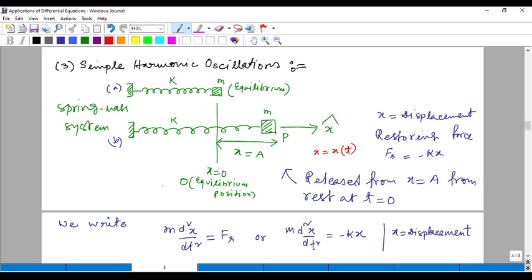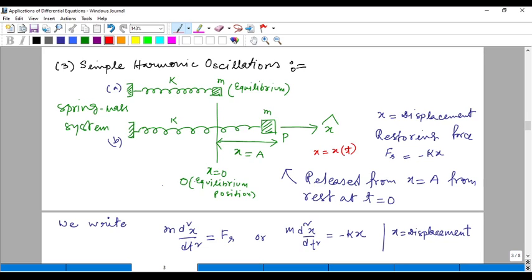Initially we consider that this mass is oscillating with respect to some fixed position, and that fixed position is the equilibrium position. So we say that initially this mass is at the equilibrium position. In this position the spring and the mass are at rest and not moving.